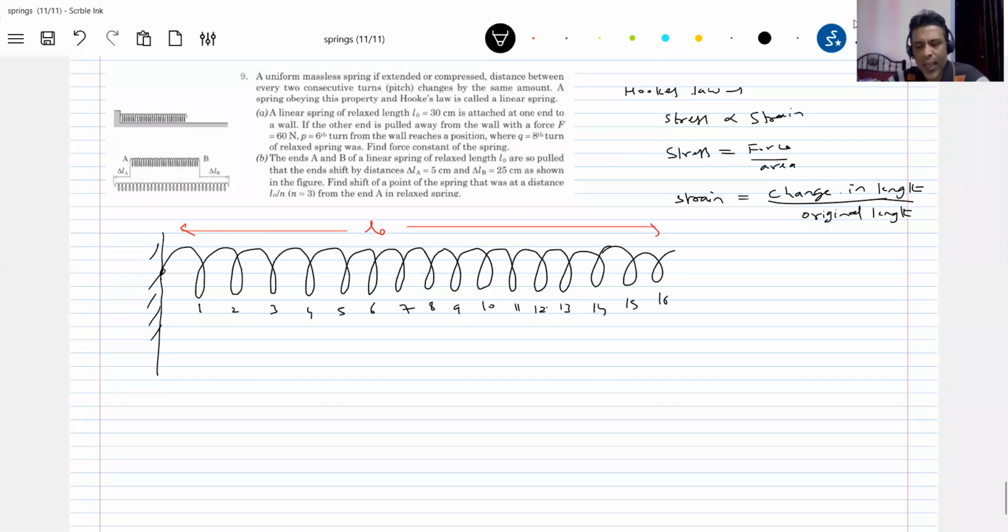Okay, now what I do is I'm going to take some account of the question. The sixth turn will come to the position of the eighth turn.